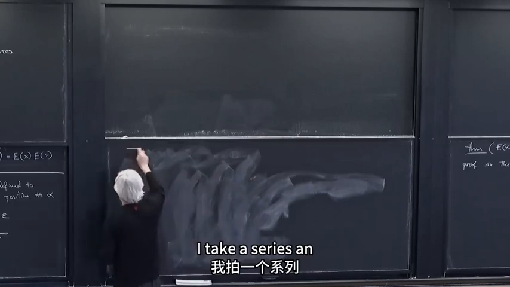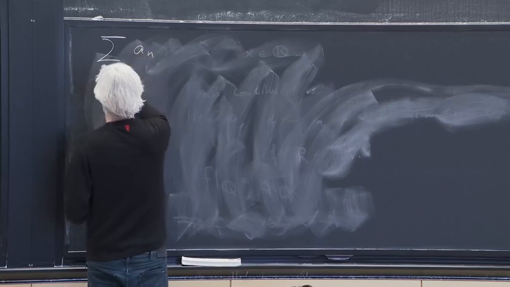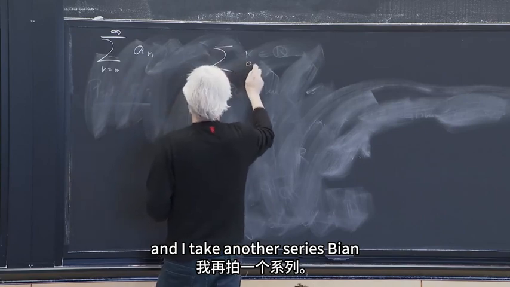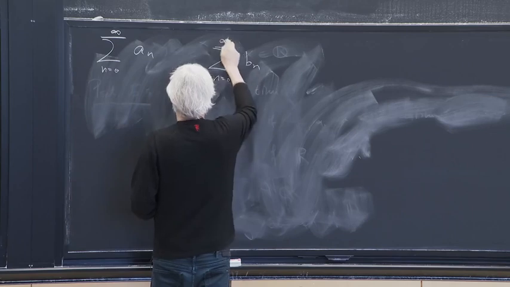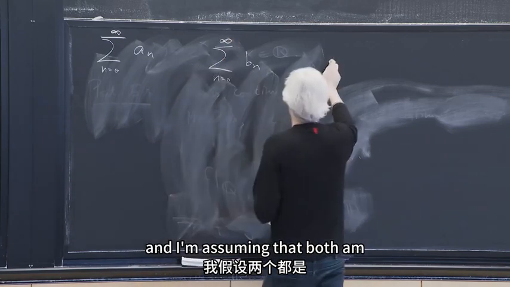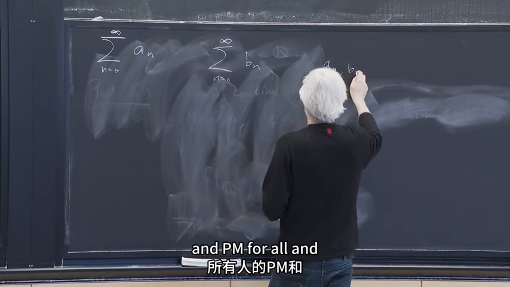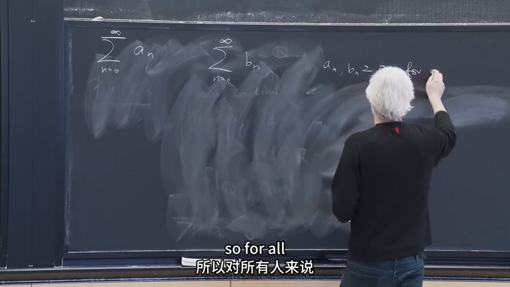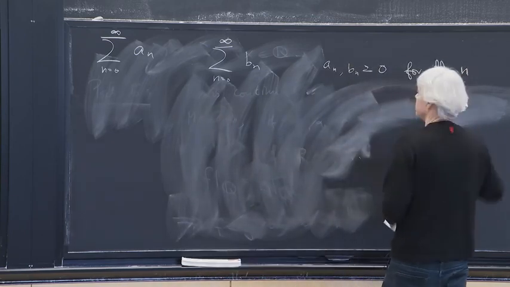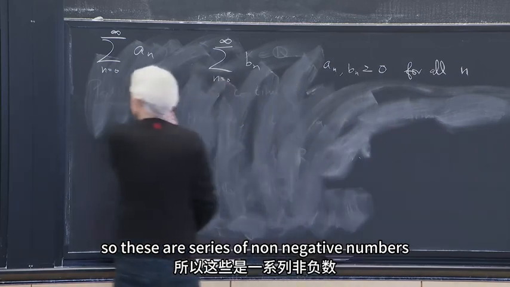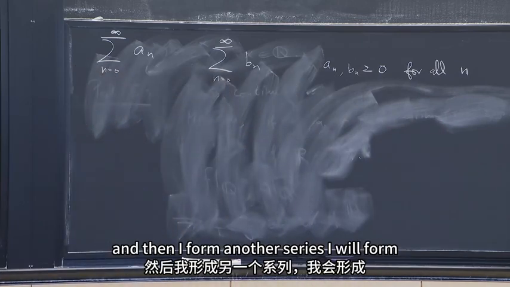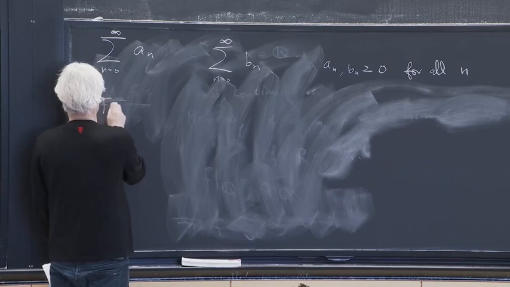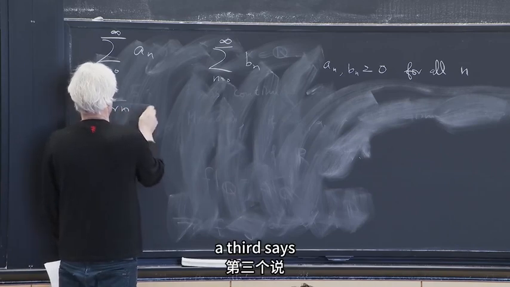I take a series a_n, and I take another series b_n, and I'm assuming that both a_n and b_n for all n are non-negative. So these are series of non-negative numbers. And then I form another series, a third series.